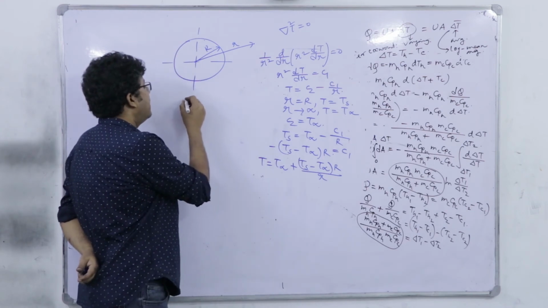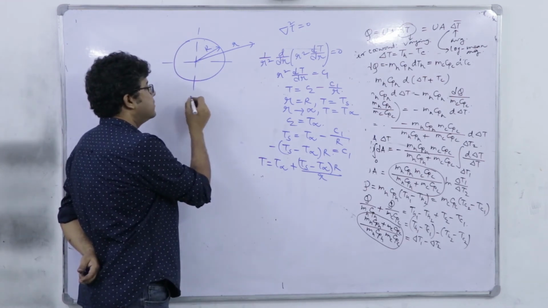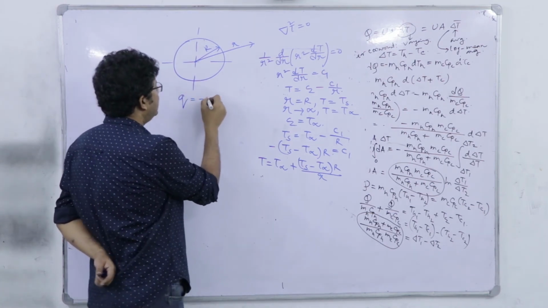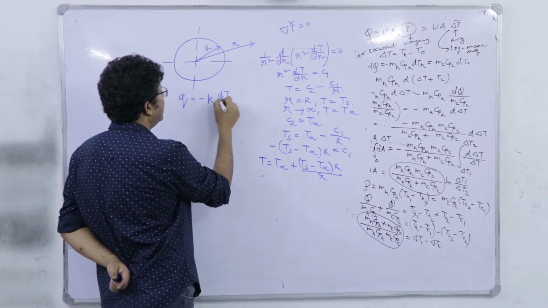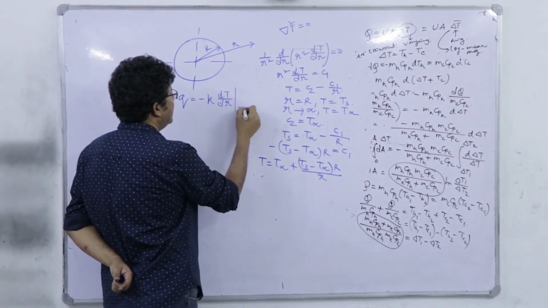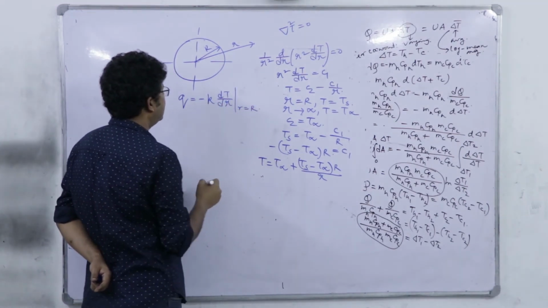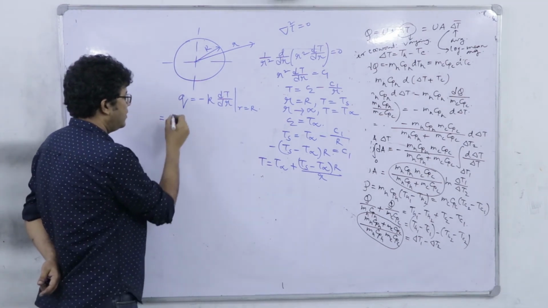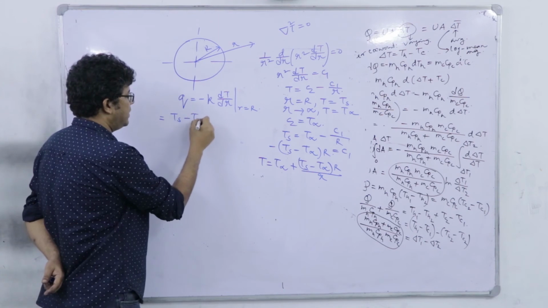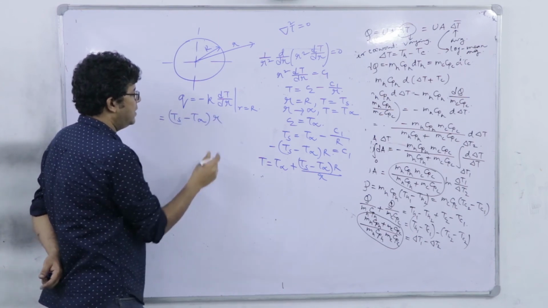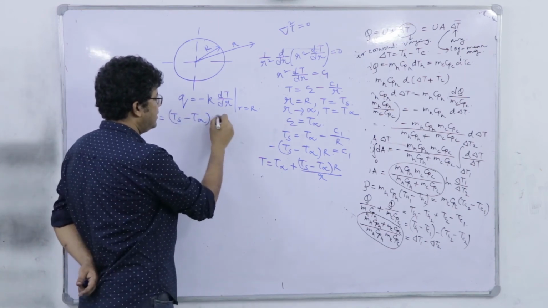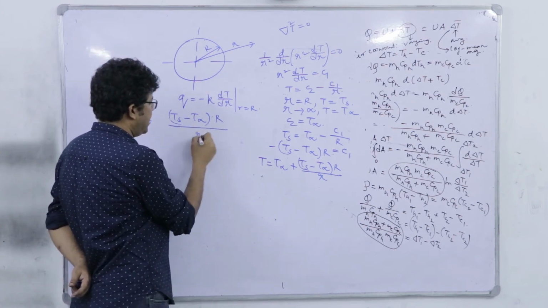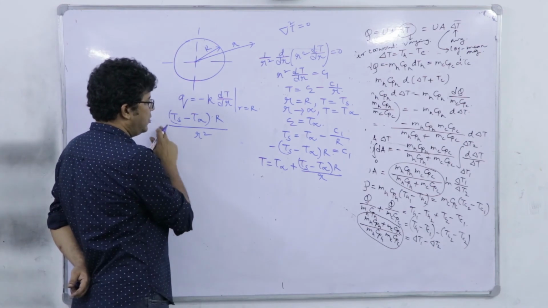Now this Q, it's equal to minus of K dT/dr at r equal to capital R, right. So what we are getting? It is Ts minus T infinity into capital R, and 1 by r will be giving you 1 by R square, right, with a minus sign.